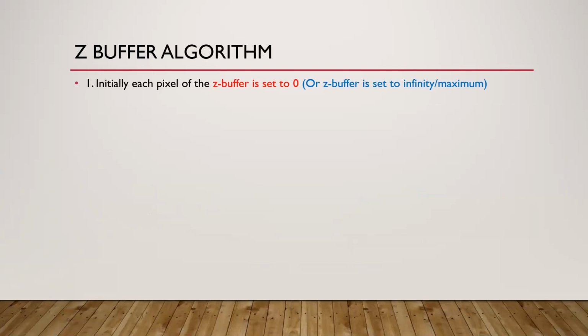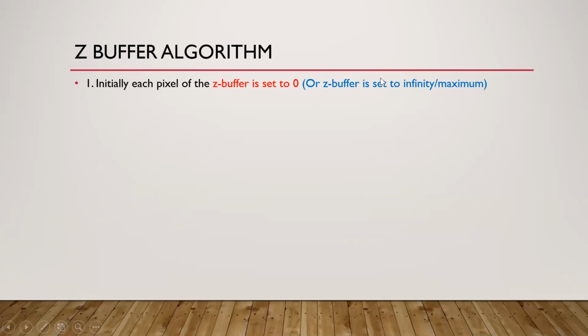So this is how the algorithm starts. First you have to initialize. As I told you, we have two buffers: frame buffer and depth buffer. Depth buffer is also called Z buffer. The first step is that the z buffer is set to 0. In some textbooks it is specified that the z buffer is set to infinity.